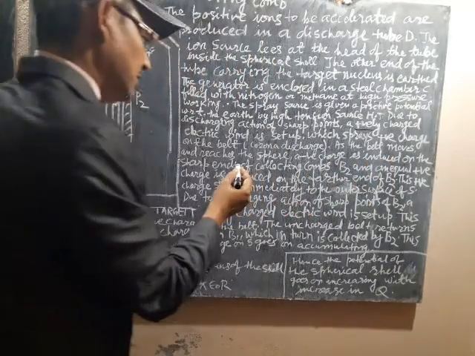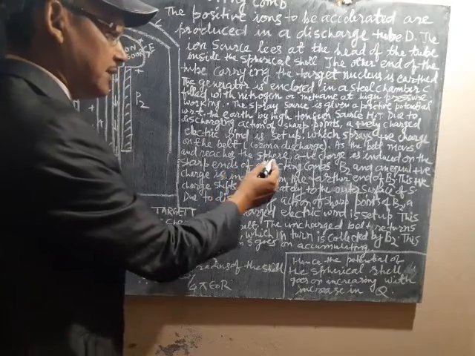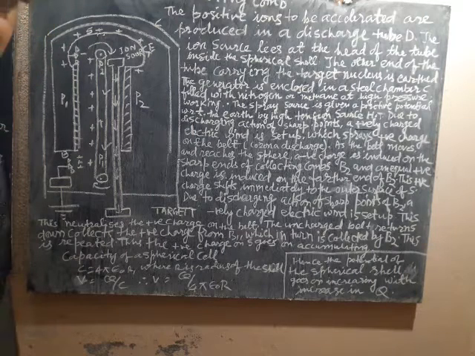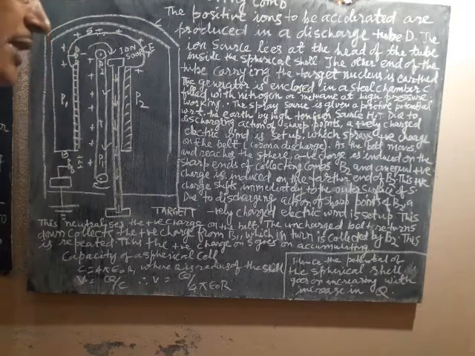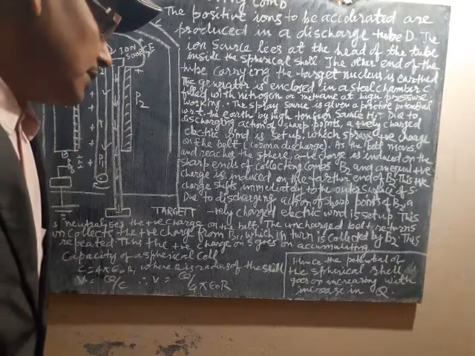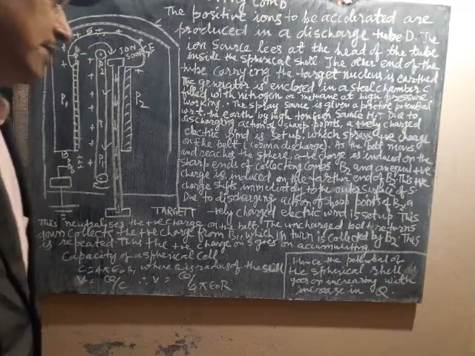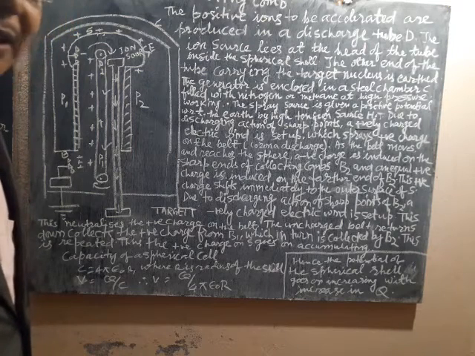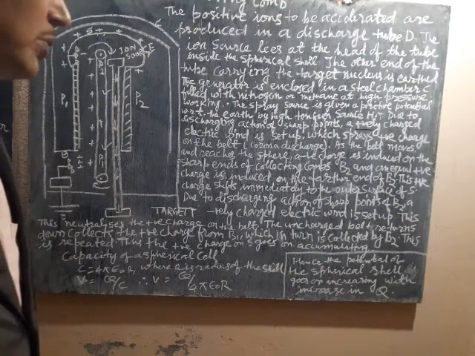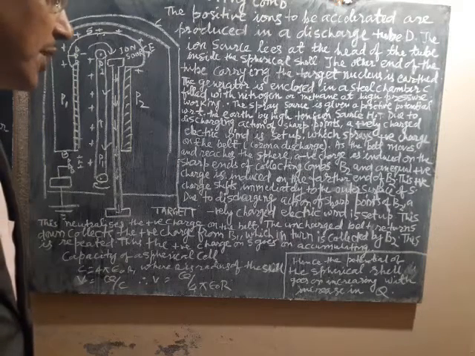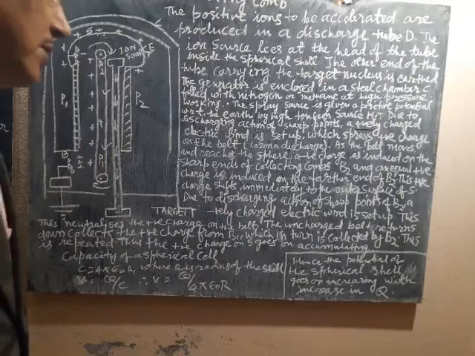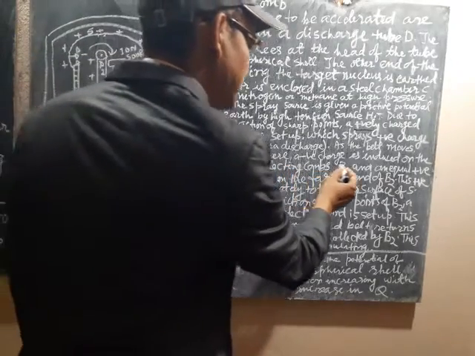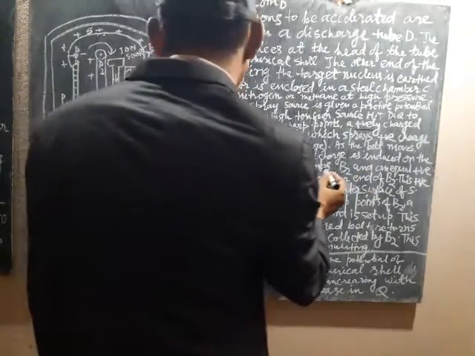As the belt moves and reaches the sphere, a negative charge is induced on the sharp ends of the collecting comb B2. Try to understand induction: a highly charged body kept near a neutral body will make that body charged after some time.